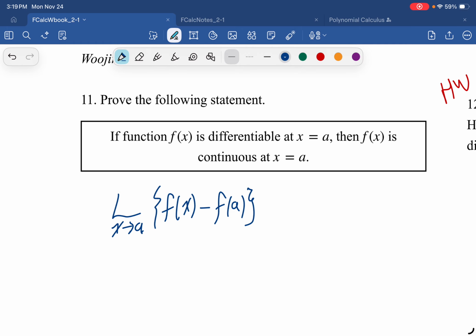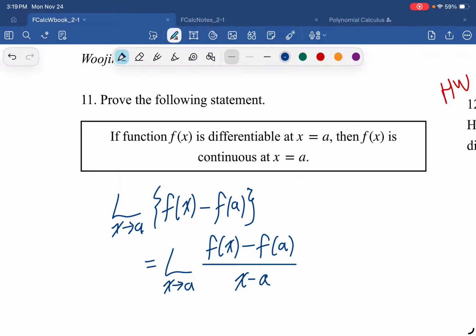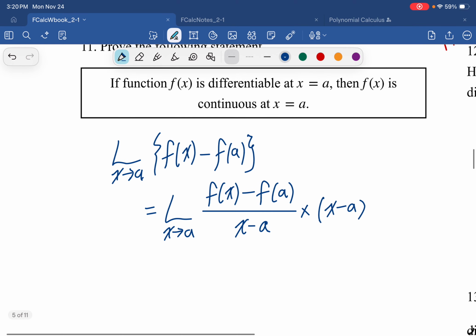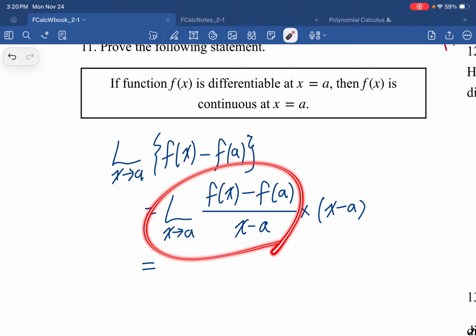And we can start with this limit, but immediately modify it so that it becomes the definition of the slope of the tangent line at x equals a. We can divide this by x minus a, and then multiply it by x minus a, right? And then this is going to equal f prime of a, right?